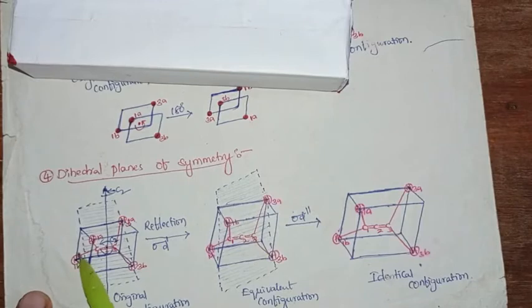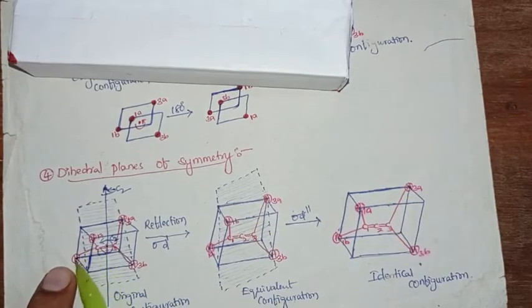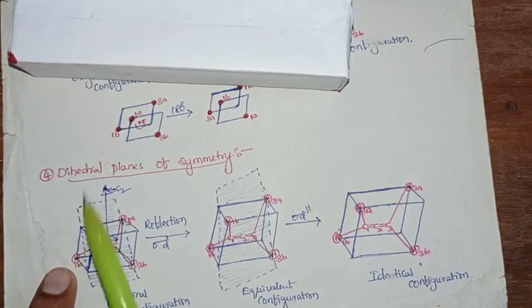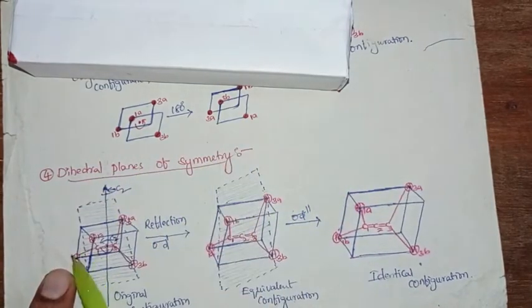After that, the hydrogens H1A and H1B reflect each other, because the plane is in between these two hydrogen atoms, so they can reflect each other to generate this particular configuration, where here is H1B and here is H1A, right?